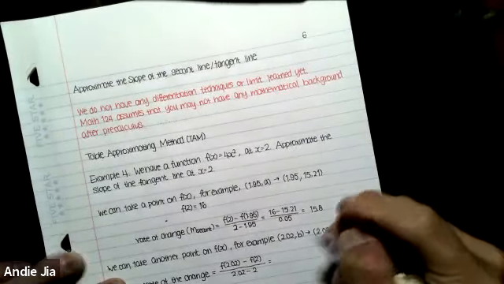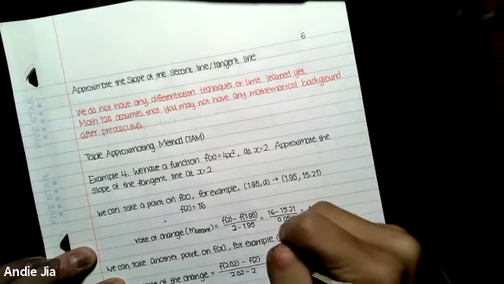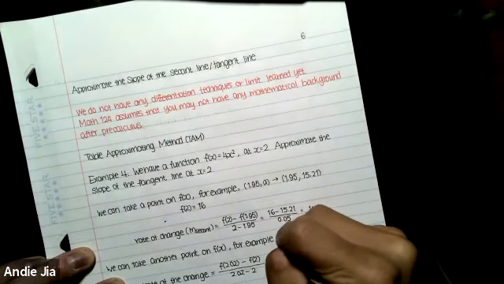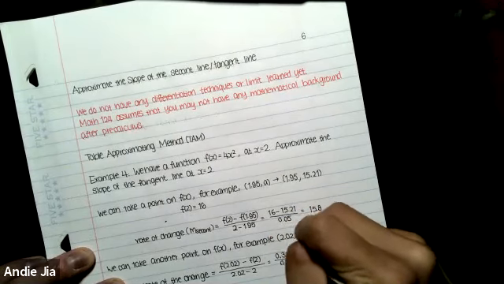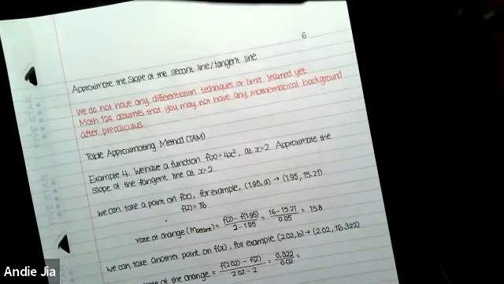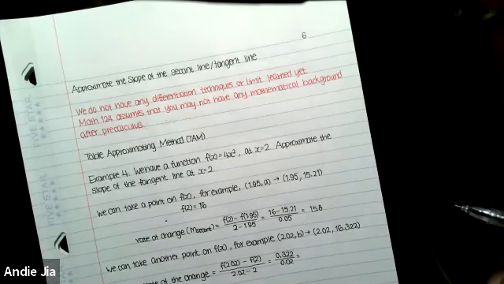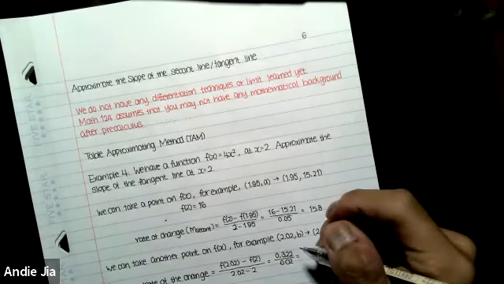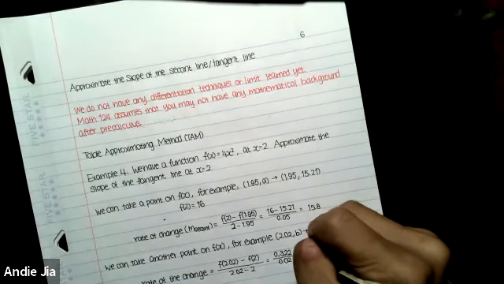That is 0.322 over 0.02, and we get 16.1.